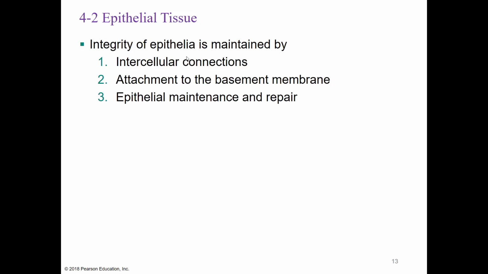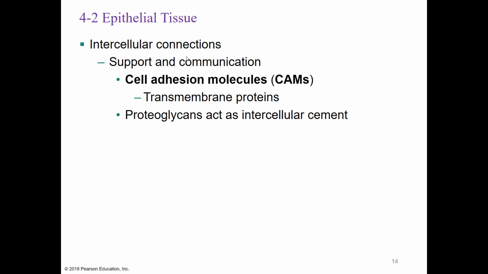So how do those cells actually stick to one another to make sheets like we see in skin? They do it by intercellular connections. And these connections can either be for support or they can be for communication. We'll see the difference as we go through the types.